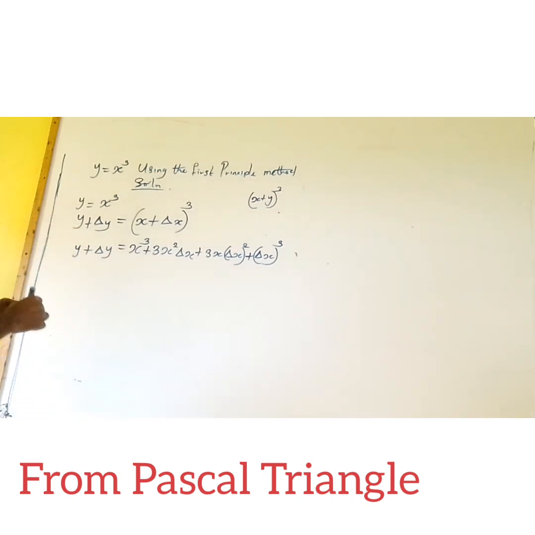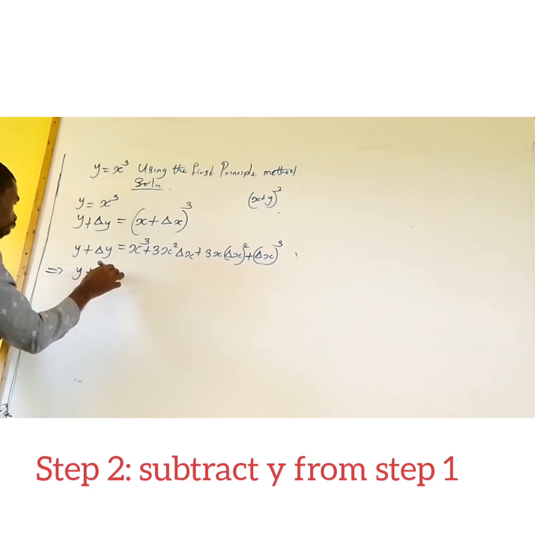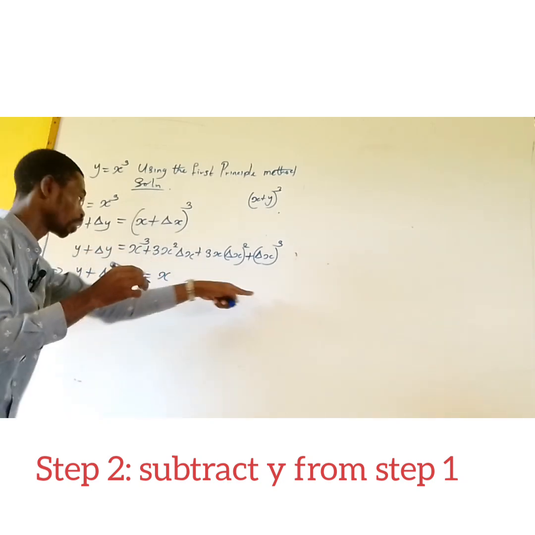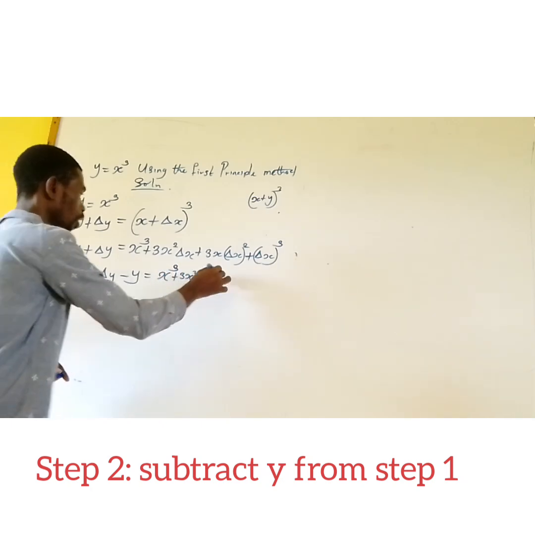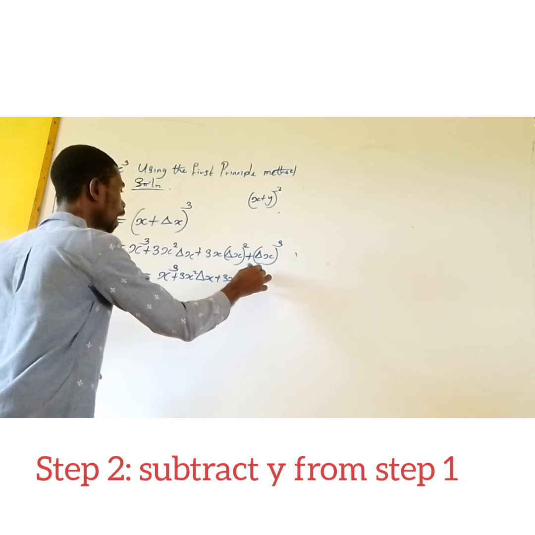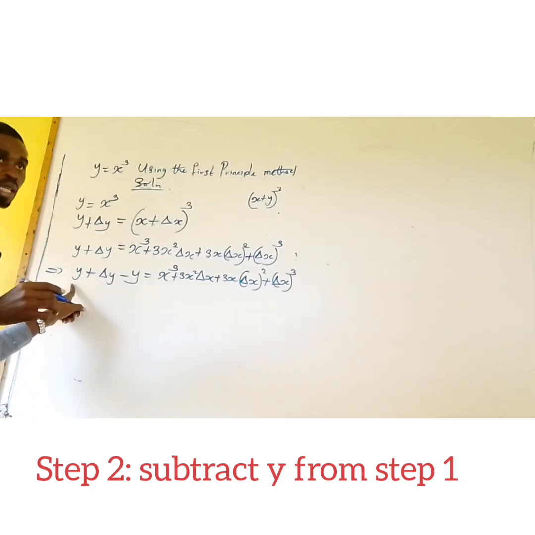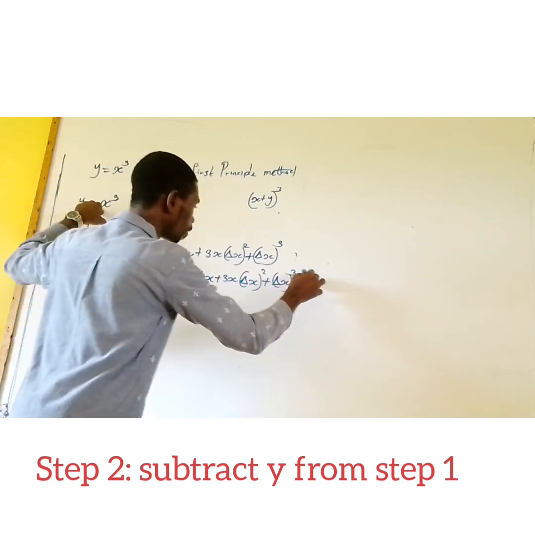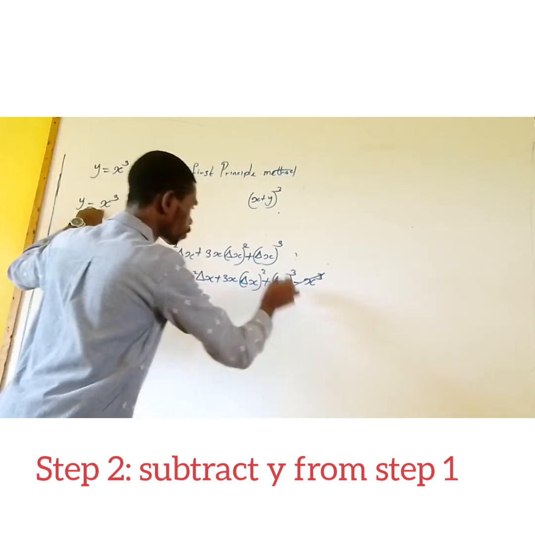The second step is for us to subtract y from our step 1. So here we have y plus change in y minus y, which is equal to x cubed plus 3x squared change in x plus 3x change in x squared plus change in x cubed. That is y plus delta y, minus y, now is x cubed. By cancellation law, we know that x cubed crosses x cubed.